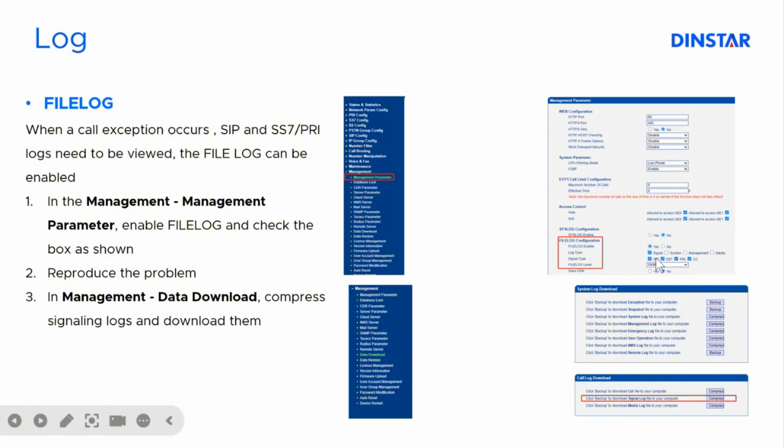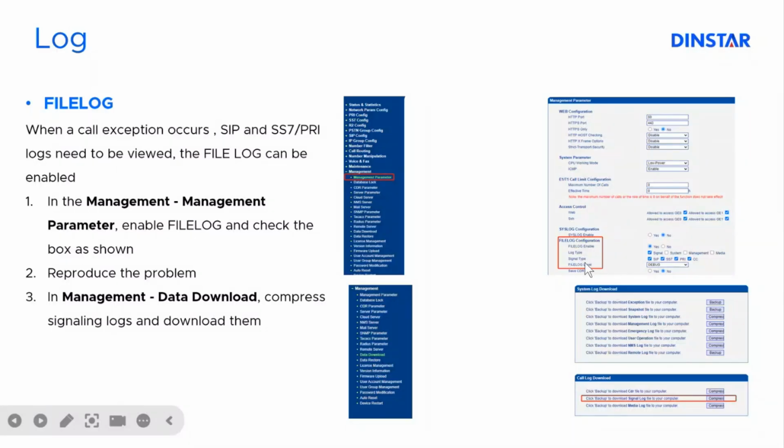After that, we enable the file log, and here we can find it has a lot of types, right? Mostly we just need a signal log, so we choose the signal log here. Also here we can choose the signal type: SAFE, SS7, PRI, and CC. Mostly we just choose one of these, SS7 or PRI, one of them is enough.